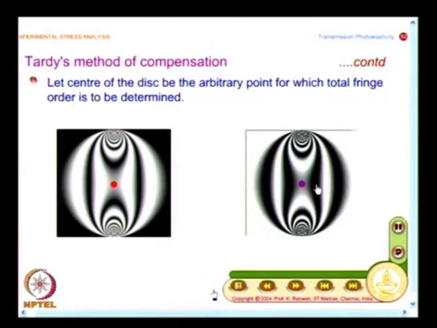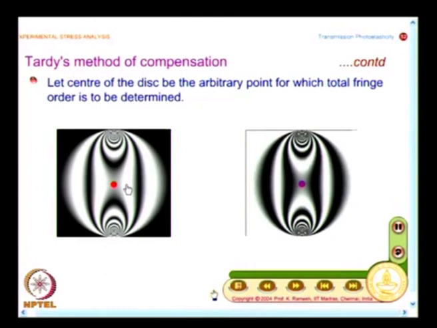So, it lies between 1.5 and 2.5. So, both in the dark field as well as the bright field, a fringe order does not pass through the point of interest. So, I need to find out the exact fringe order only by a compensation technique.